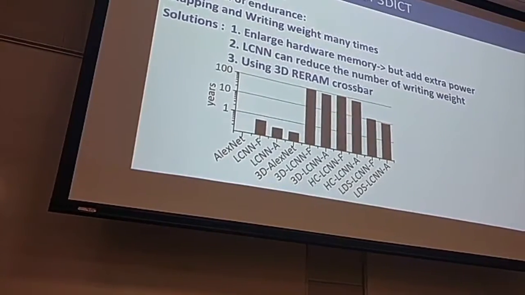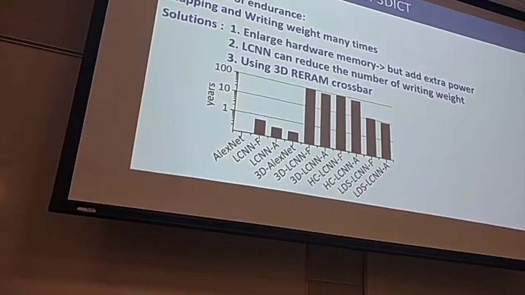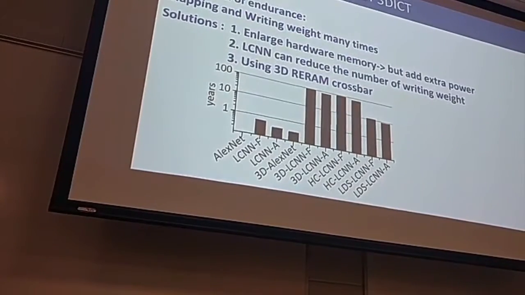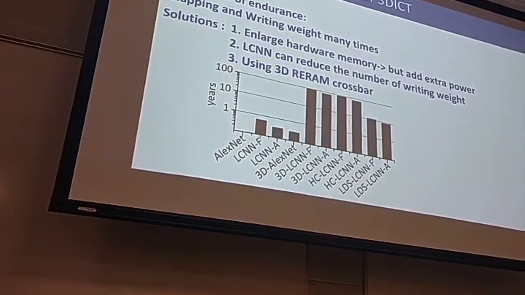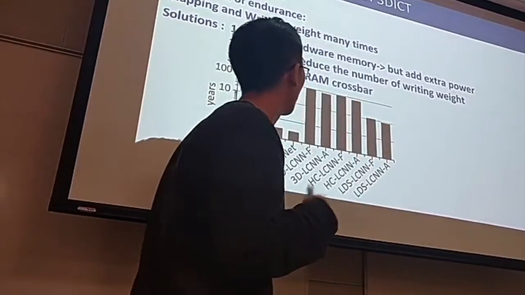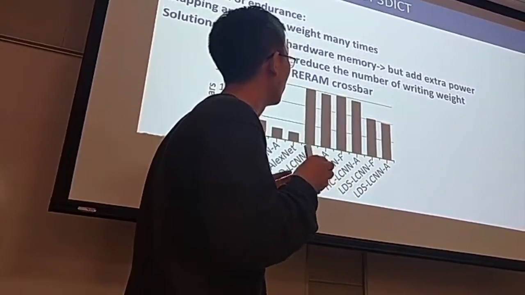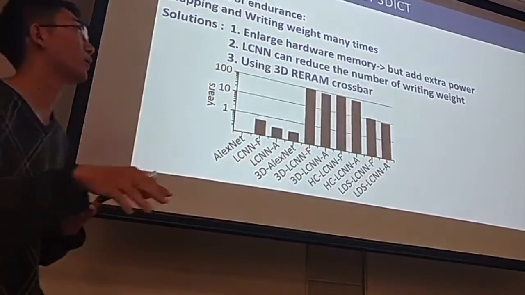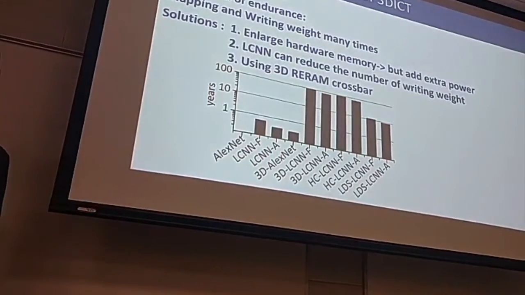Because there is a trade-off between your performance and your endurance for LCN, you can improve your performance at the cost of some endurance. So for the last bar, you can reduce your endurance and get some better performance.